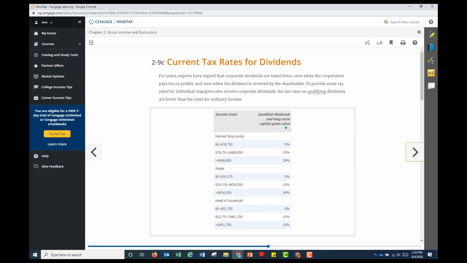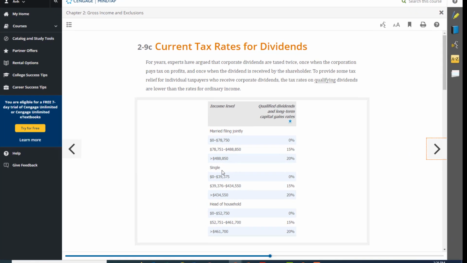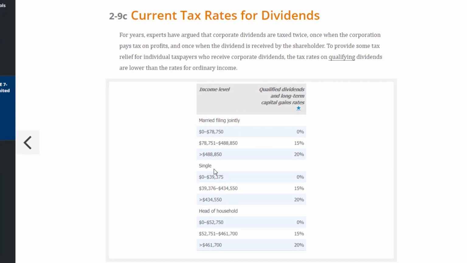Here's a chart showing the filing status and the range of income. For example, an individual that's single with income of, let's say, $39,000 in this range from 0 to $39,375, has a tax rate of 0%. That is fantastic.